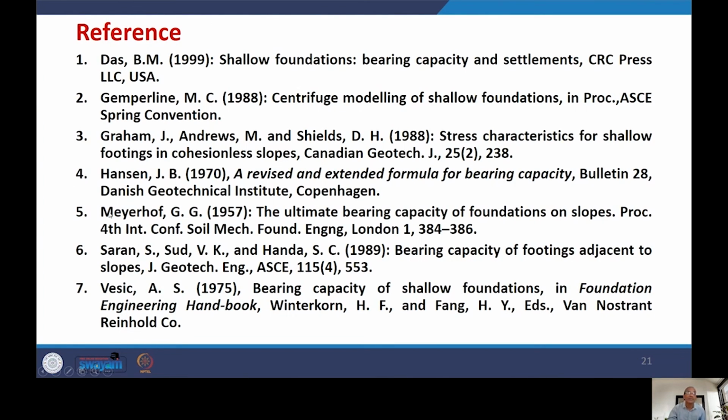Then Graham et al. in 1988, who worked on stress characteristics also for shallow footings. Then you have Hansen and Vesic, which we have discussed. Meyerhof was the first one who worked on this, and Saran, Sud, and Handa also worked in this area.